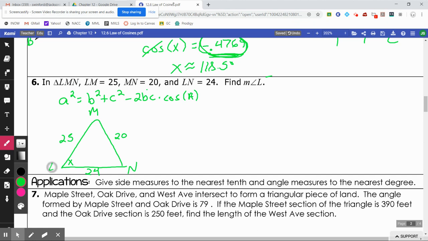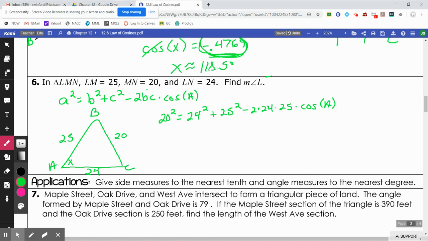Okay, now erase those and say this is A, this is B, this is C. So you can do it like that so that you can use this formula. So if that's the case, you have 20 squared equals B is 24 squared plus 25 squared minus 2 times 24 times 25 times the cosine of that angle A.